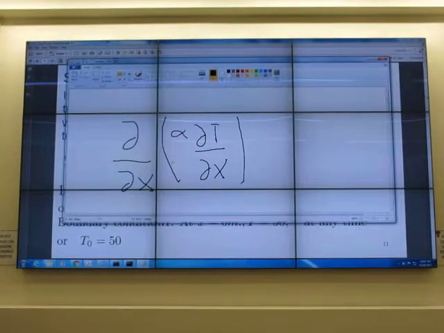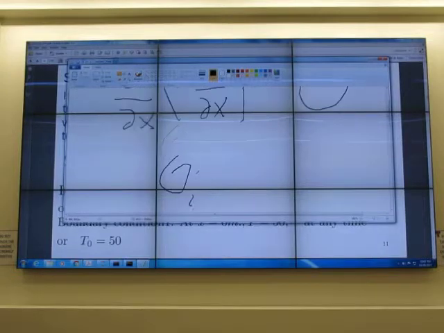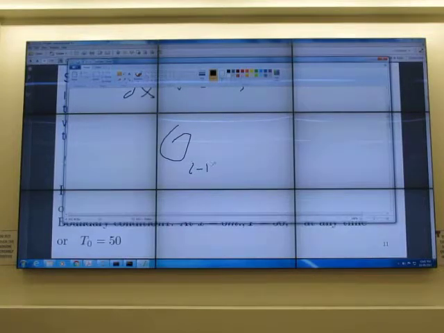In this case, if you want to do d by dx of this term, I call it big O. So you can do big O at i minus 1 and minus plus big O at i.